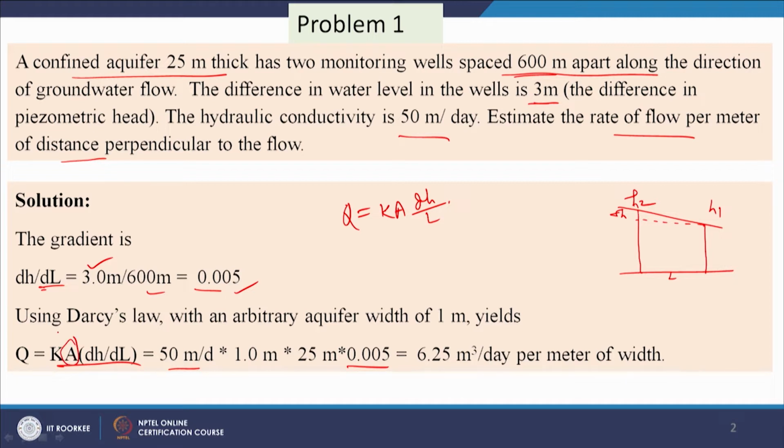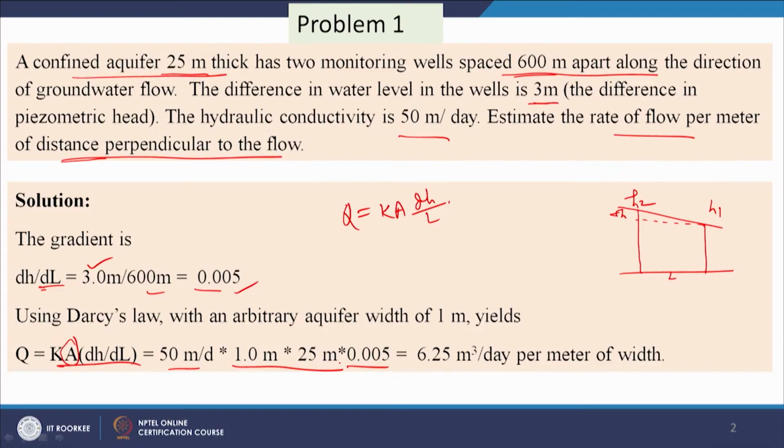How can we get the value of A? It is given that the aquifer is 25 meter thick. If we imagine a 3 dimensional plane, then per meter of distance perpendicular to the flow, that will be the width, and the 25 meter thickness will be the height.